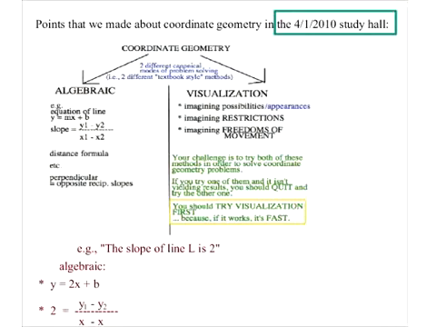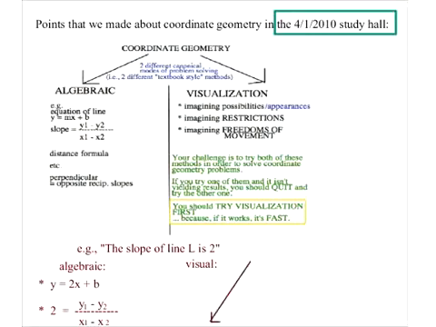Now, with visualization, the way you're going to interpret these things is different. With visualization, the question is, what does this look like? So if you're doing this visually, what is it? There's no way to really answer that in the text box, so I'll just draw it. What does it look like?